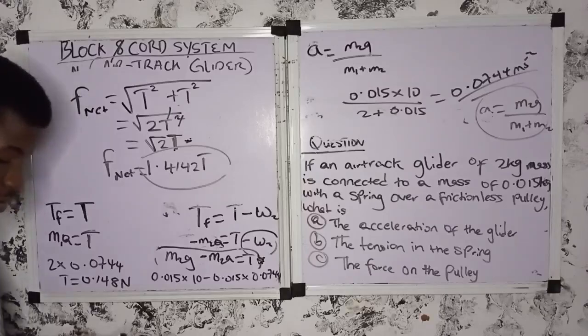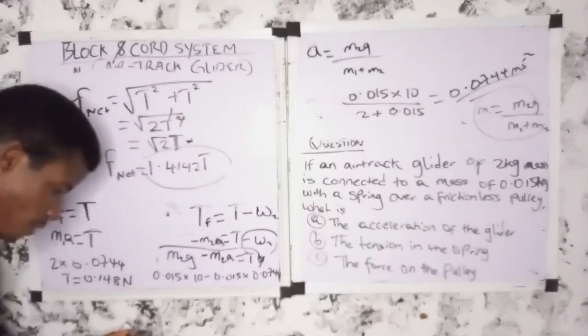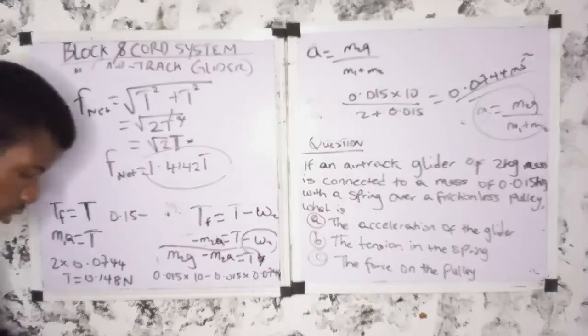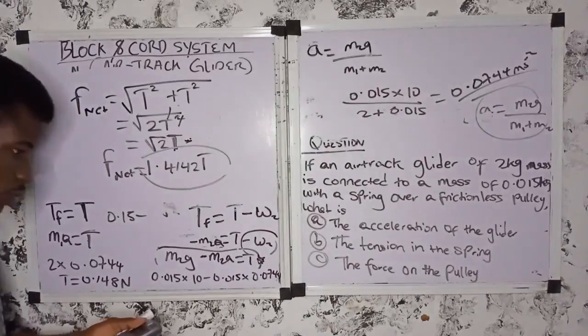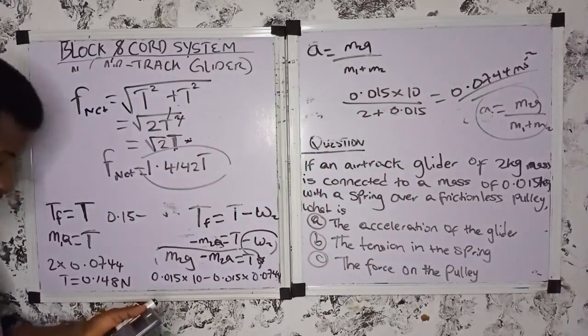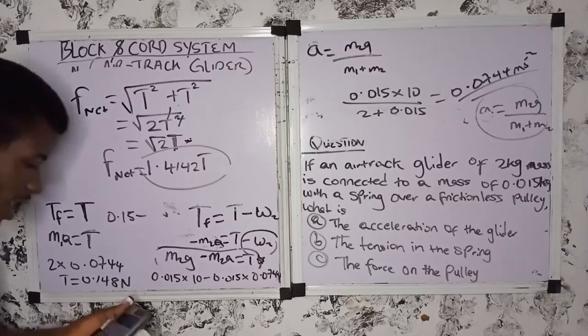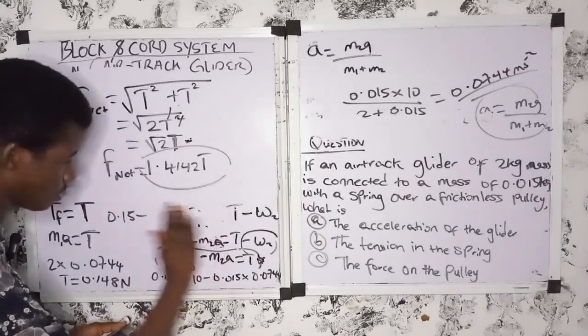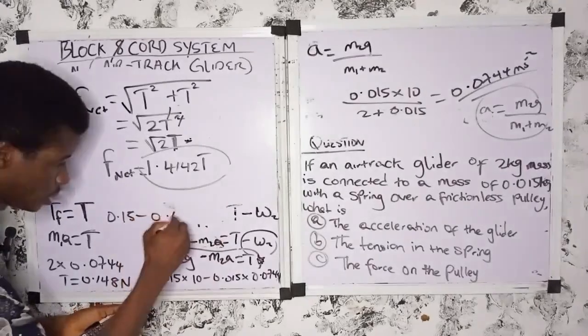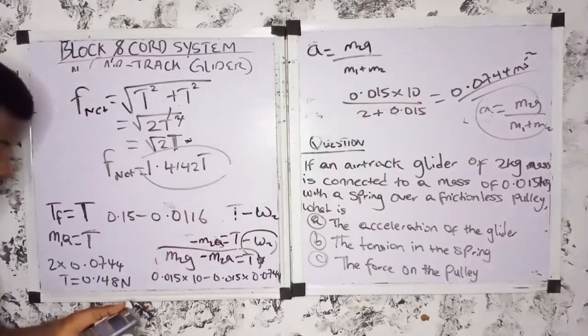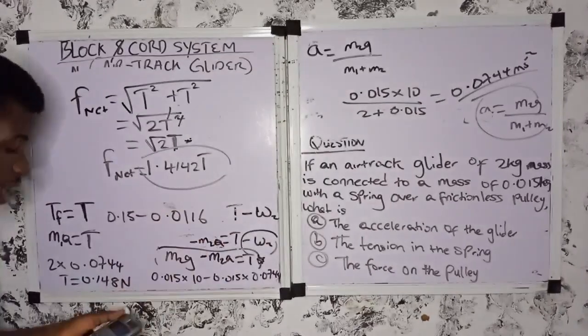0.015 times 10 gives us 0.15, then minus 0.015 times 0.0744. We have 0.0116.